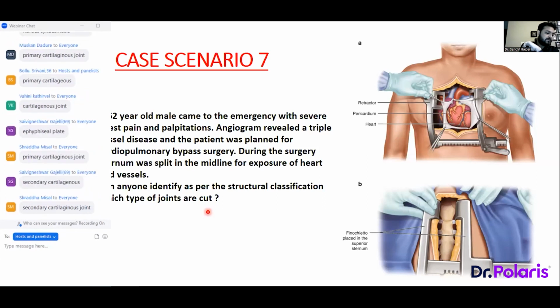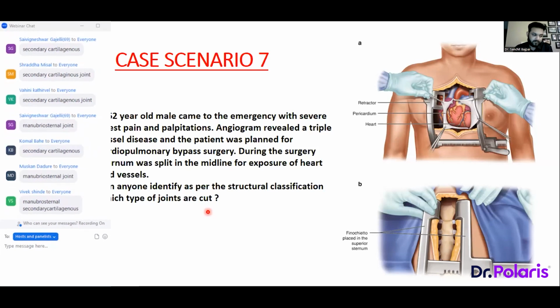Anyone? Okay, we have Sai Vignesh answering secondary cartilaginous. Okay. Pratha. So can anyone come and tell me exactly what you are thinking? Can we discuss this? Can we call Vahini, sir? Vahini, can we have you on the mic? Hello? Yes, Vahini. Where are you from? Can you unmute yourself, dear?